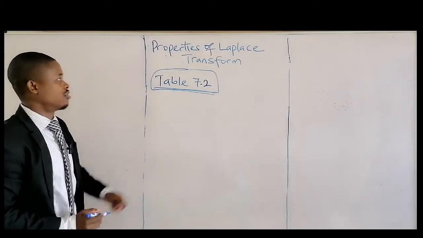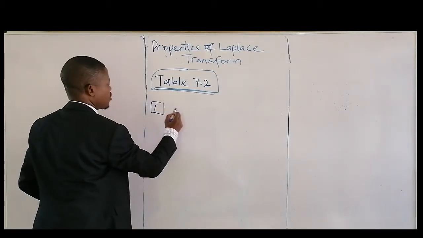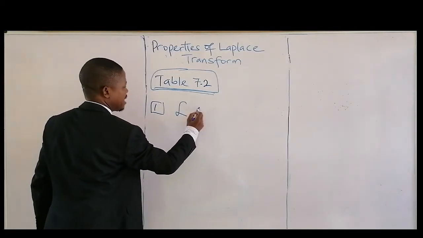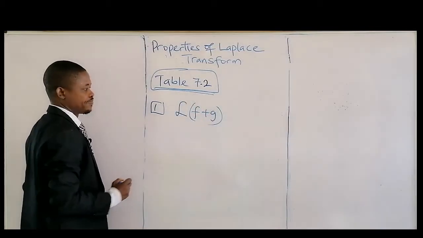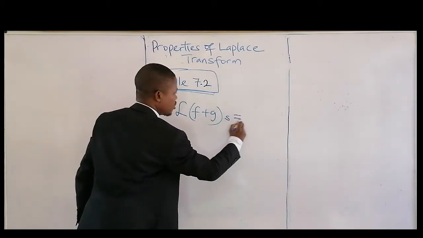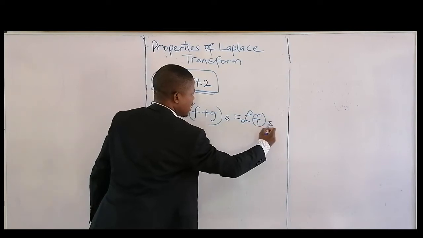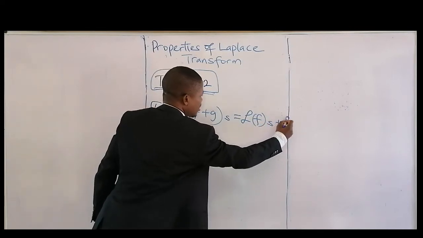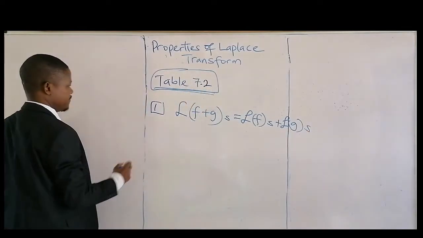The first one we want to look into is when you have the Laplace of a sum of functions. You put your domain there, and that will be equal to the Laplace of each of those functions.